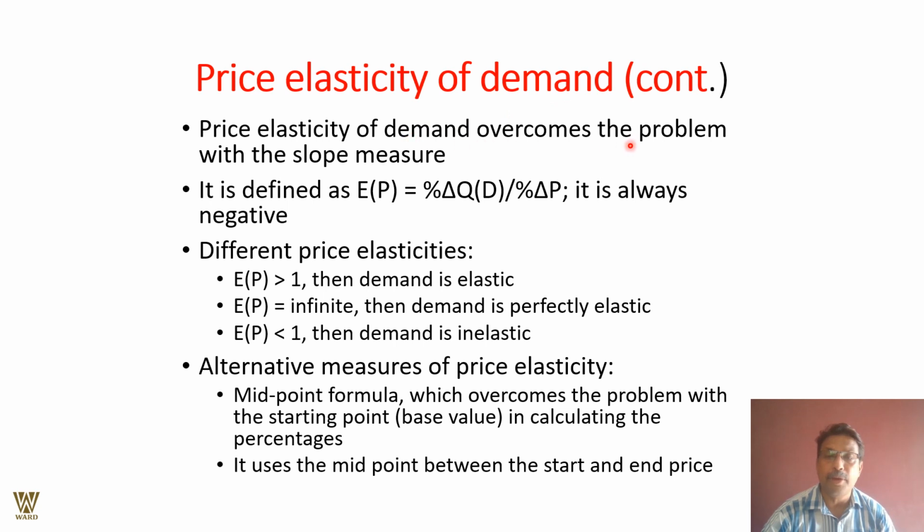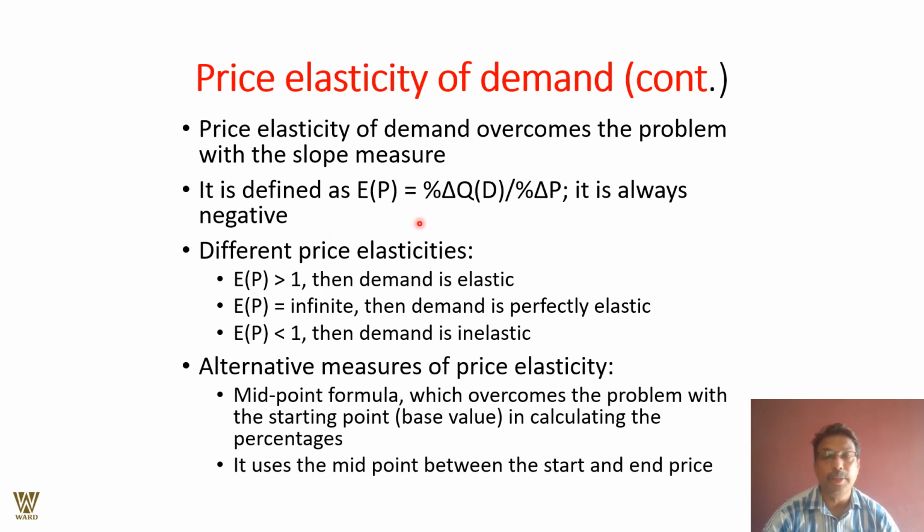Price elasticity of demand overcomes the problem with slope measures. Price elasticity is defined as the percentage change in quantity demanded of the product divided by the percentage change in price. It is always negative.